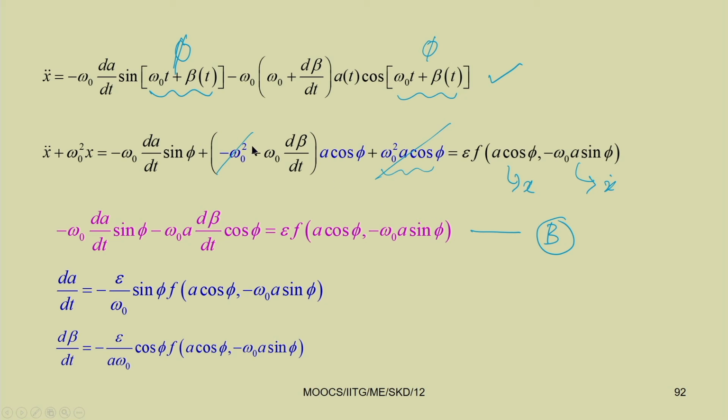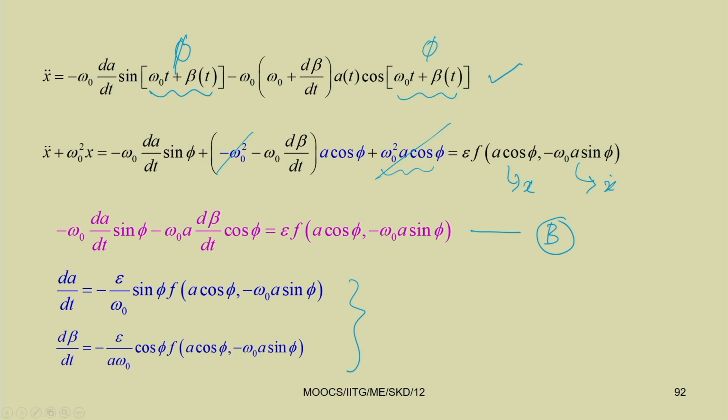By solving these two equations, dA by dt equals minus epsilon by omega 0 sin phi f of a cos phi minus omega 0 a sin phi, and d beta by dt equals minus epsilon by a omega 0 cos phi f of a cos phi minus omega 0 a sin phi.